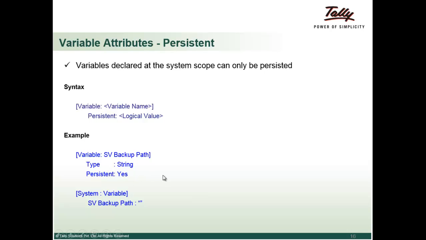I'll give a backup path in my Tally application, then exit from the Tally application, and when I reopen the Tally application, the backup path which I had previously given in the previous session will be retained, and it will be restored into my SVBackupPath variable. So I'll get the backup path which I had previously entered. This is the usefulness of the persistent variable.